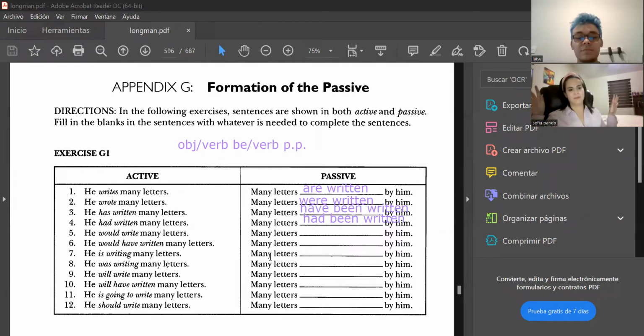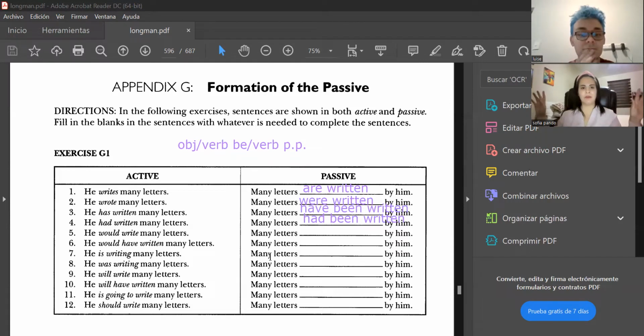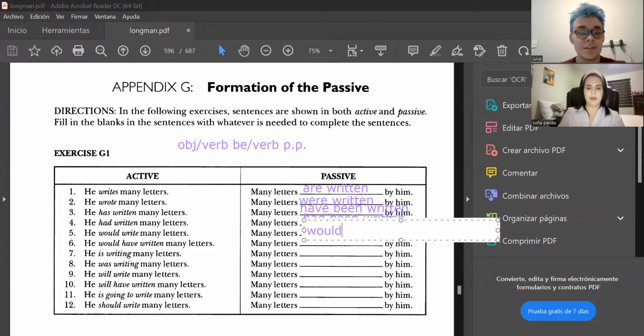So that's awesome. Now we go with the modal verbs, right? And one of them is gonna be would, okay? So we have, he would write many letters. Okay, how do we actually change this sentence into the passive voice? Very simple, Luis. You just simply keep the modal verb, which in this case is would, and then you add the base form of the verb to be.